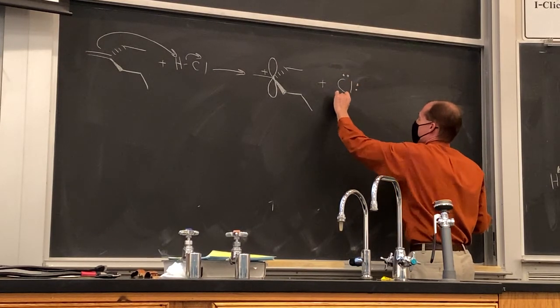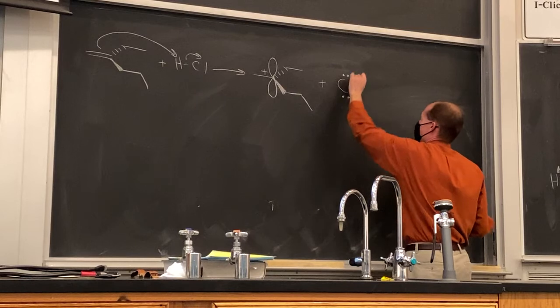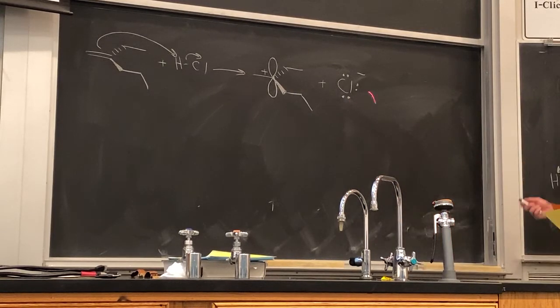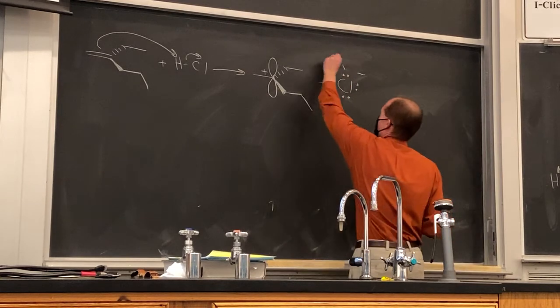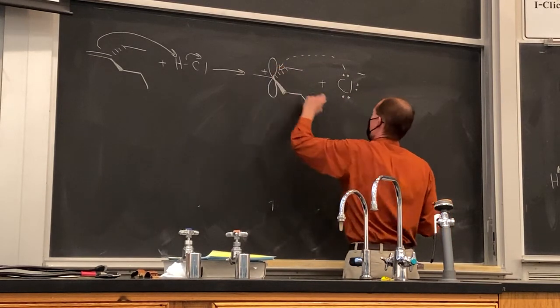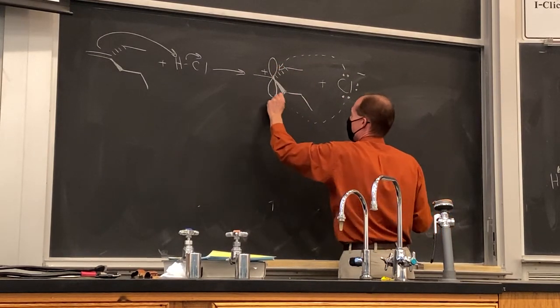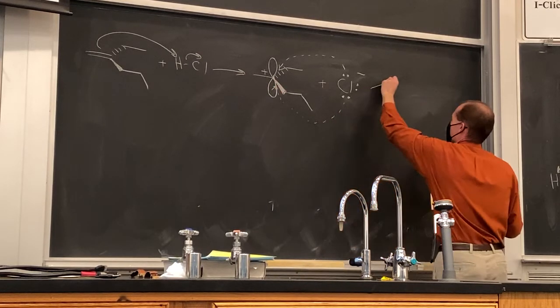Is there going to be any difference in the rate of the chloride attacking this carbocation from the top face versus the bottom face? No, I see people shaking their heads. There won't. It's going to be the same from the top or the bottom. So it's going to attack at equal rates. I'll just go ahead and use dashed arrows showing both pathways.